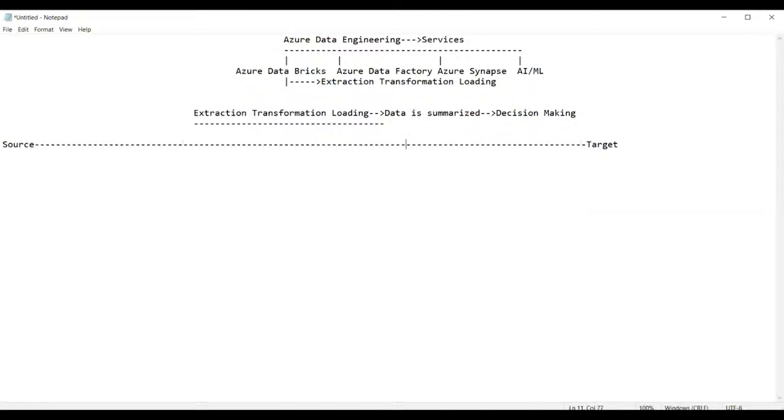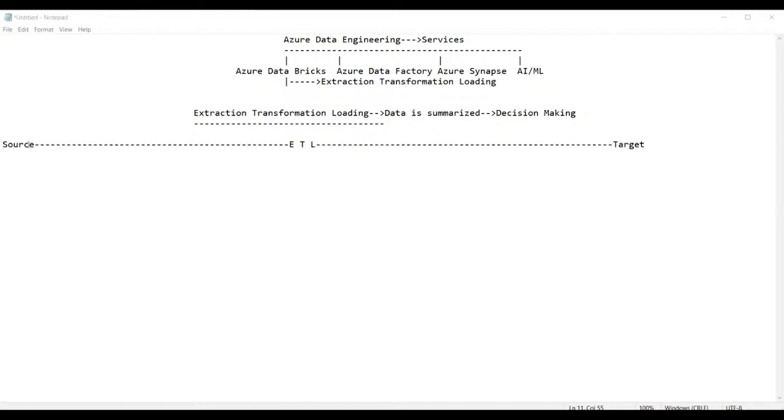Between the source and the target, this process of ETL is always applied, irrespective of whatever service we use. Generally, I'm talking about ETL, the process where the data is summarized.